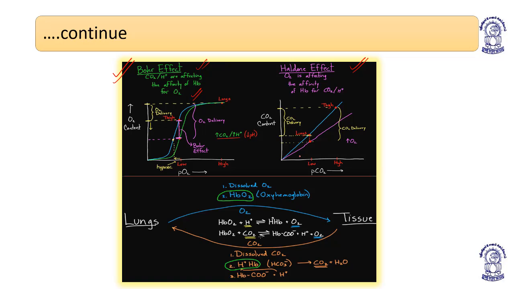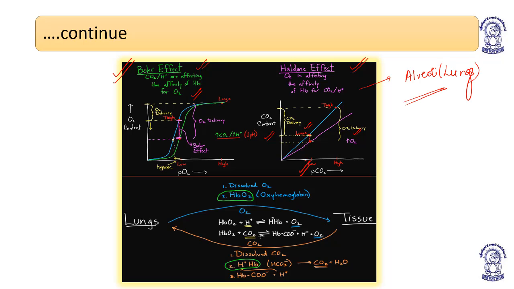Both are antagonistic effects. For the Haldane effect, if we plot a graph between the partial pressure of CO2 and the CO2 content of blood, then as we increase the partial pressure of CO2, you can see the CO2 delivery at the lungs, because this effect happens at the level of alveoli, at the level of lungs.